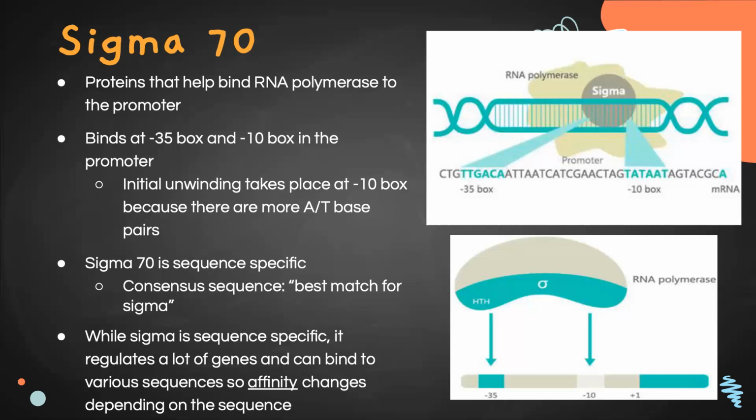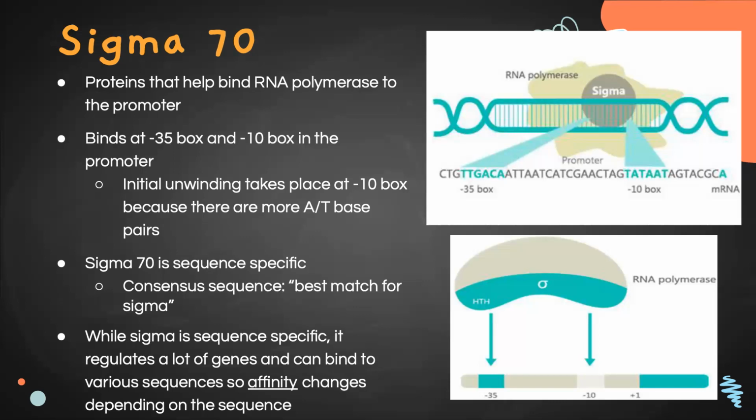So it's more energy efficient for them to begin unwinding where they only have to undo 2 bonds at a time. Sigma 70 is sequence specific. It has a consensus sequence, but not all promoters have the sequence. So depending on the affinity of a promoter to sigma 70, that'll alter how often transcription begins at that promoter.